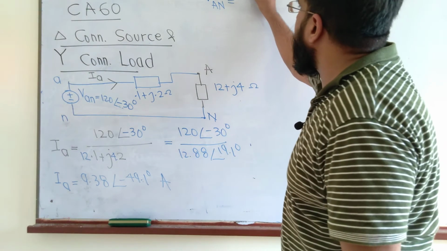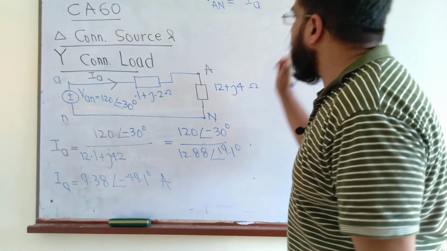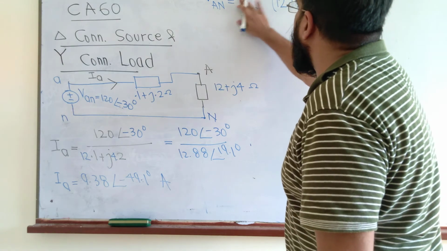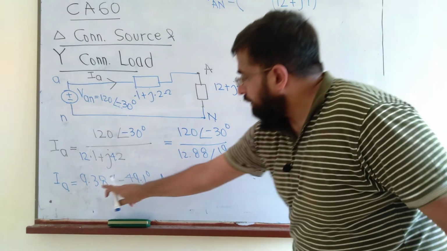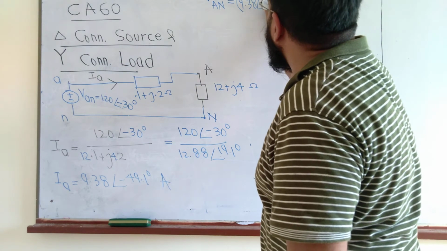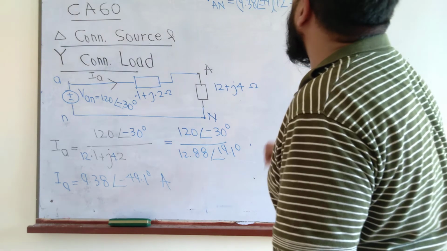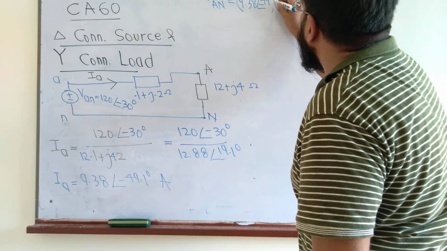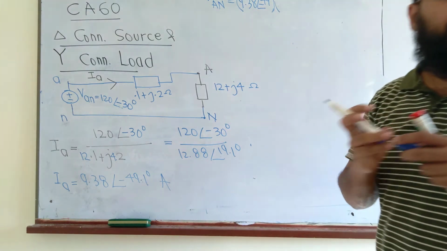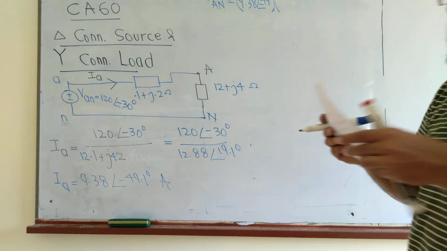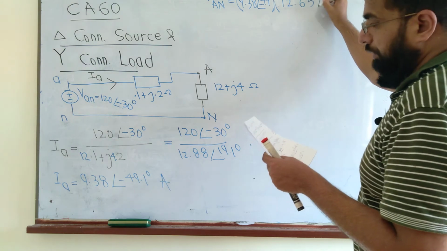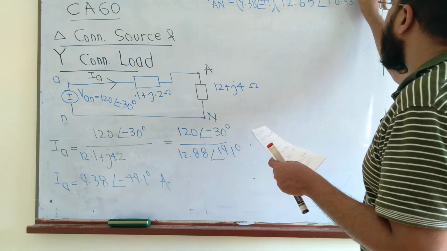This is very easy. We'll apply Ohm's law to find VAN. VAN is the current flowing, IA, multiplied by the impedance ZY, 12 plus j4. IA is 9.38 at an angle of minus 49.1, times 12 plus j4. 12 plus j4 can also be written in its polar form as 12.65 at an angle of 18.43 degrees.